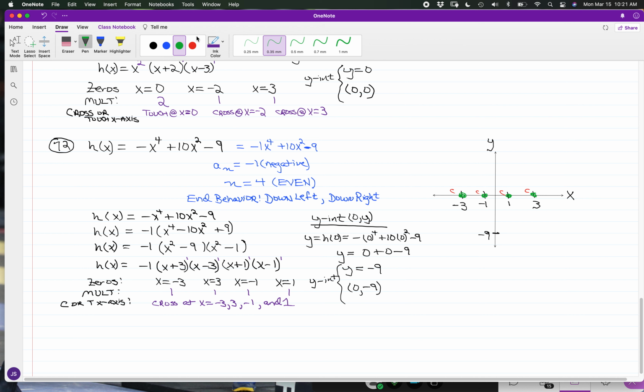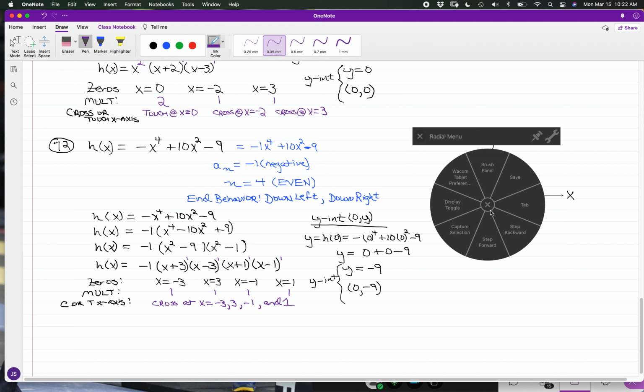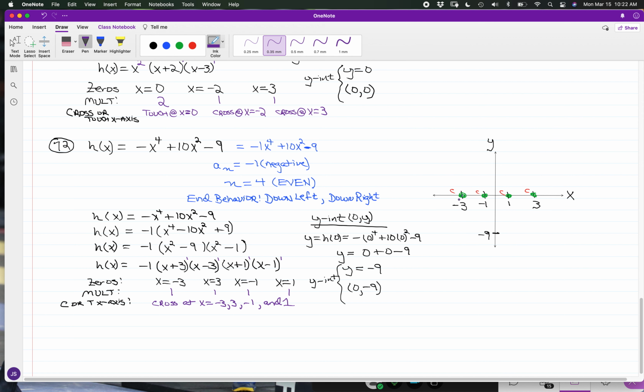In terms of illustrating, the leftmost zero we have at negative 3, and the rightmost we have at positive 3. And you can just project out the end behavior. Again, we have down to the left and down to the right.